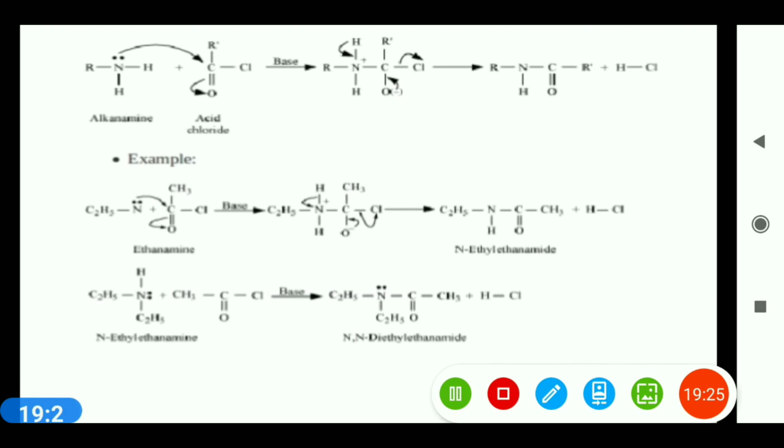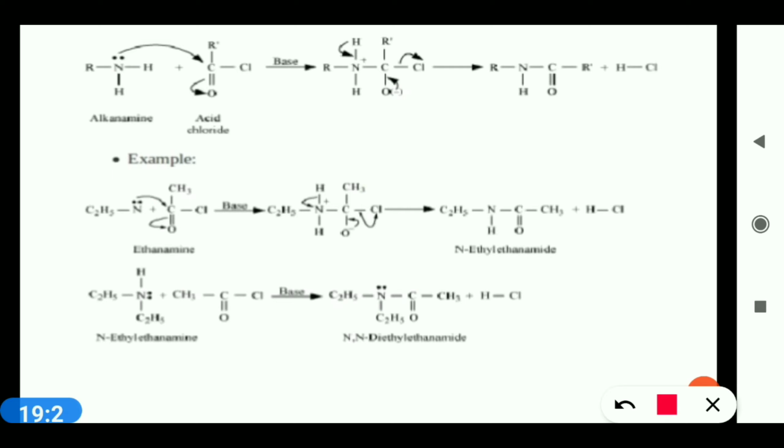Here you can see the reaction very clearly. This is alkyl amine, 1 degree amine. This is acid chloride. So what will happen? This lone pair of electrons forms the bond with the carbon. Here there is negative charge over the oxygen and positive charge over the nitrogen.